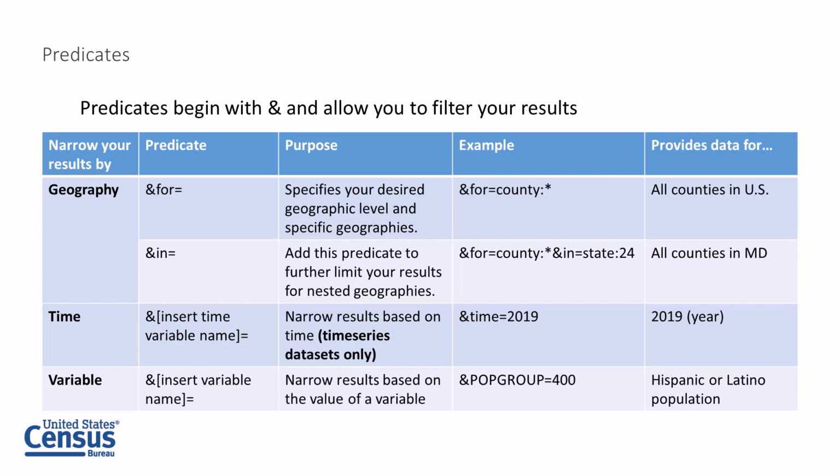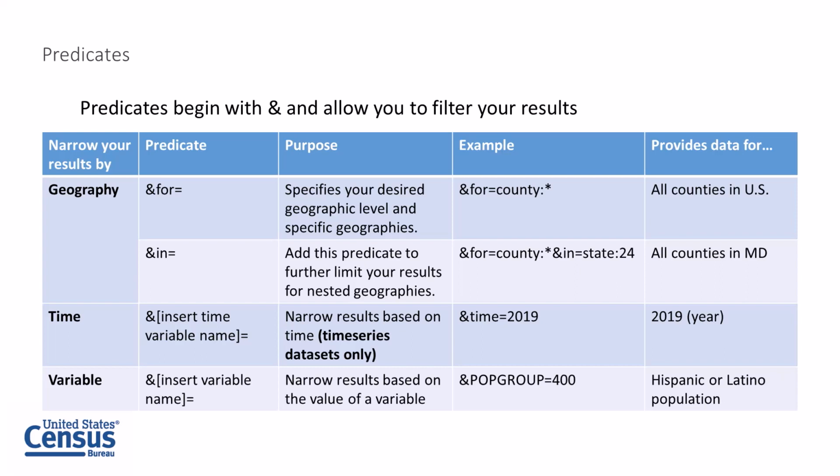The first predicate for geography is &for equals. This predicate allows you to specify the geographic level that you're interested in, as well as the specific geographies you want data for. In the first example in the table, we can see the predicate provides data for all counties in the United States.